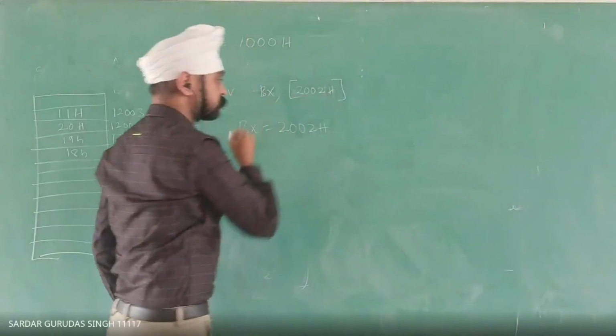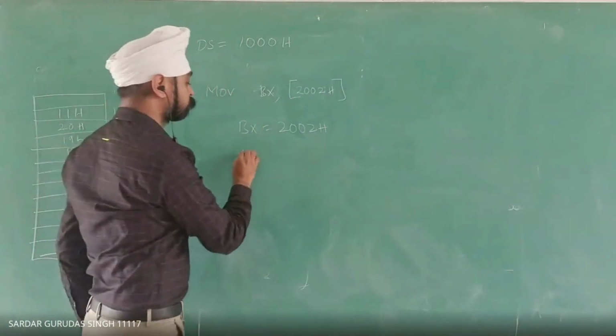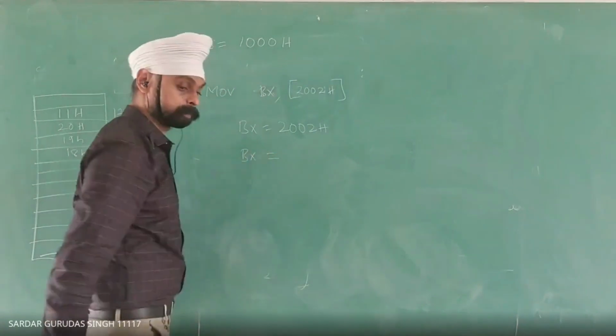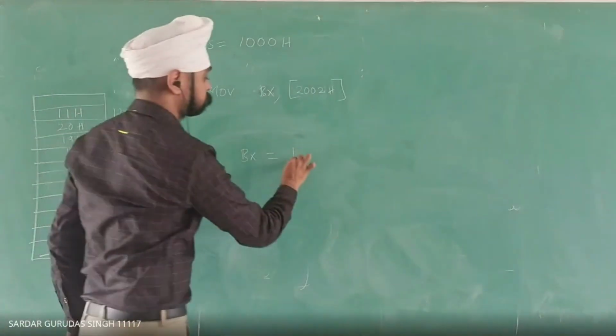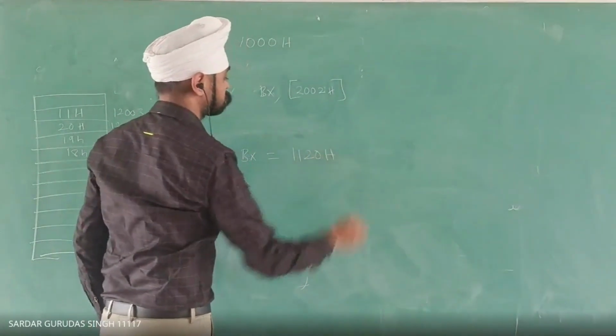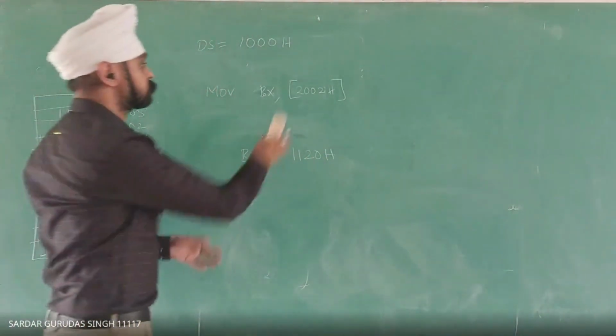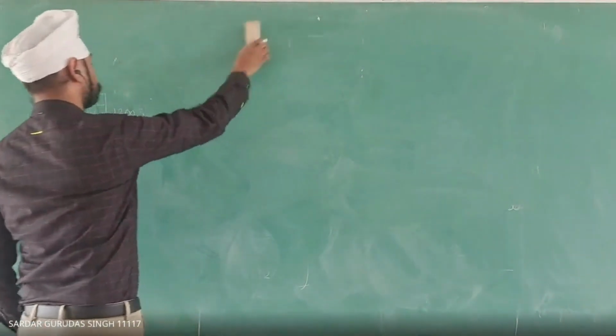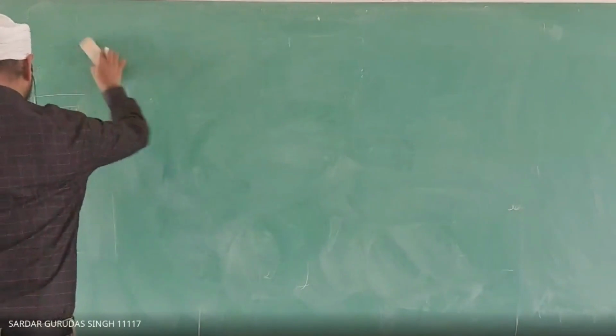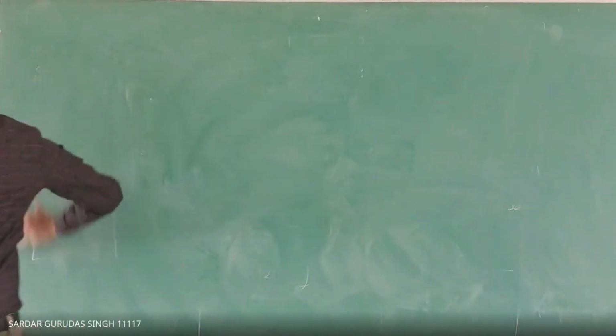If I insert the bracket, then what will be the content of BX? Content in the address of 200H. This one, right? So if you are inserting the bracket, it means that it is considered as effective address. If you remove the bracket, then it will be considered as operand.